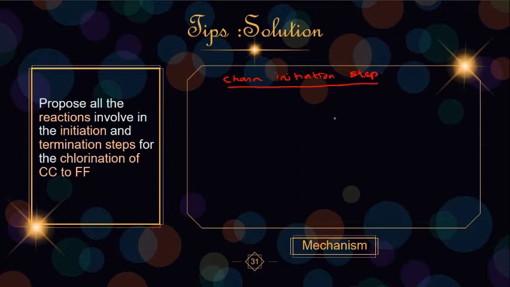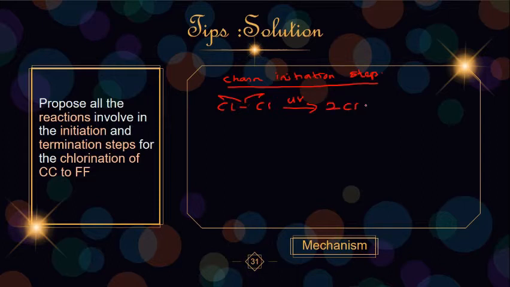So apa yang perlu ada pada chain initiation step? You will just focus on the halogen that we use. So we have chlorine and another one chlorine. So if you need to provide energy, light energy will be provided for the homolytic cleavage to occur. One for you, one for you. This is for the homolytic cleavage to occur to form free radical.